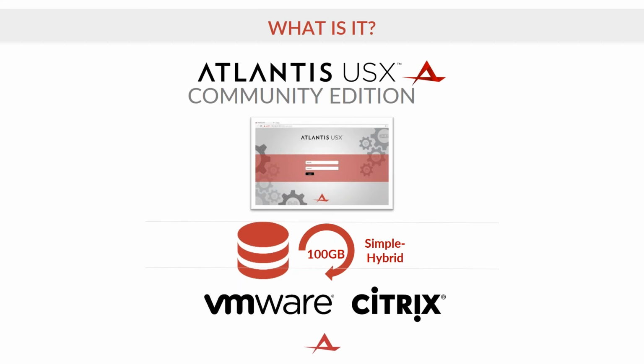By default, the Community Edition deploys a simple hybrid volume, which we chose to keep the requirements down. You need a minimum of 32 gig of RAM in your server, and that server can run either a VMware hypervisor or a Citrix XenServer hypervisor.